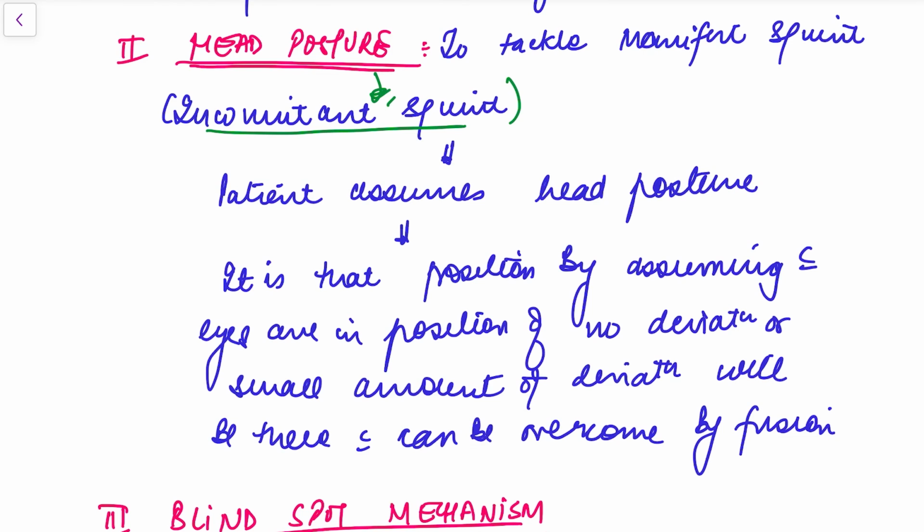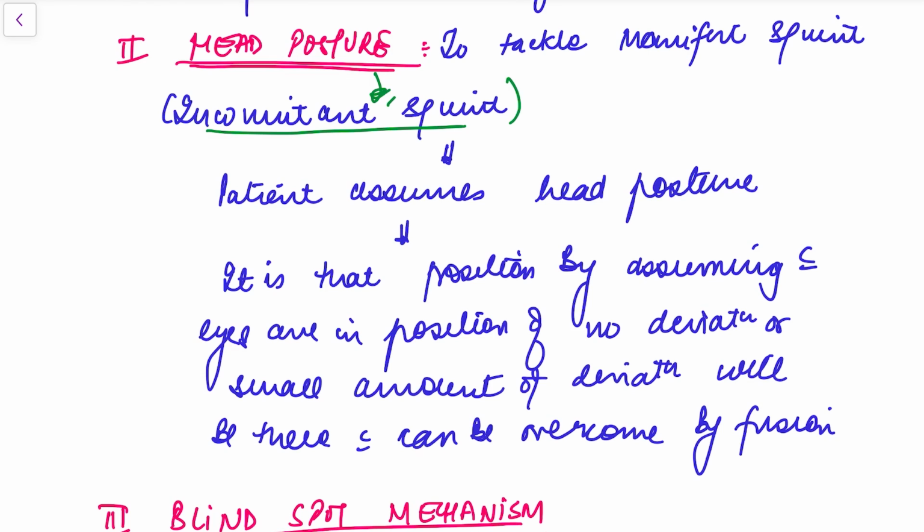The body will try to keep the eye in the position in which there will be minimum deviation. As I already told you, in incompetent squint the deviation will be different in different gazes.